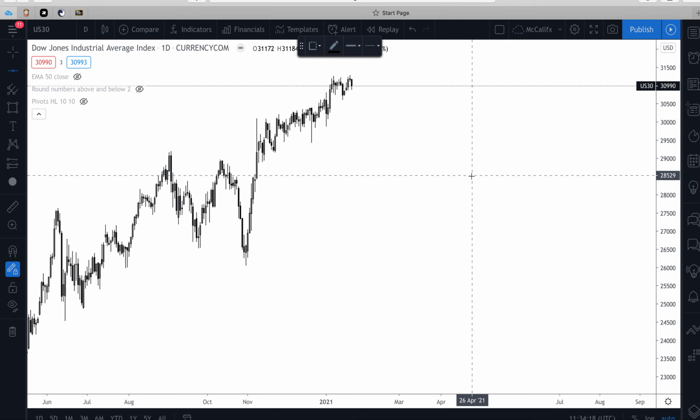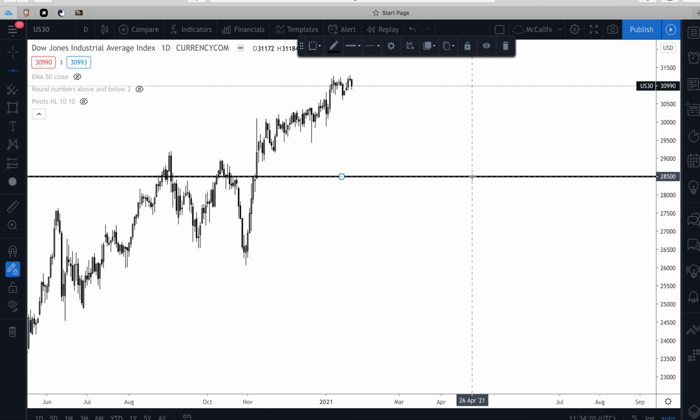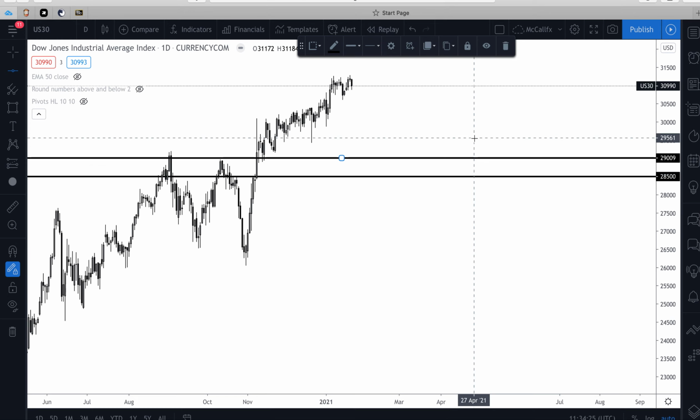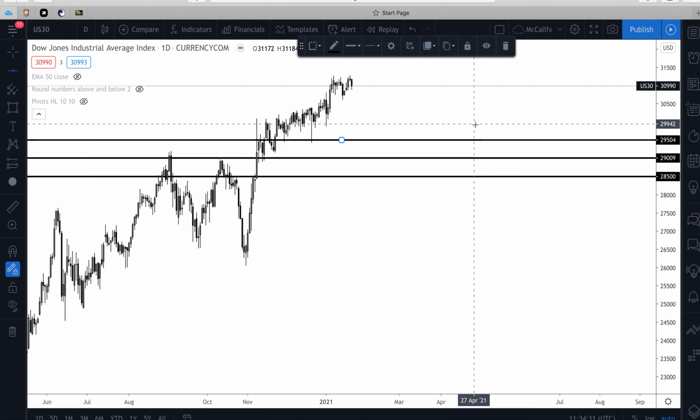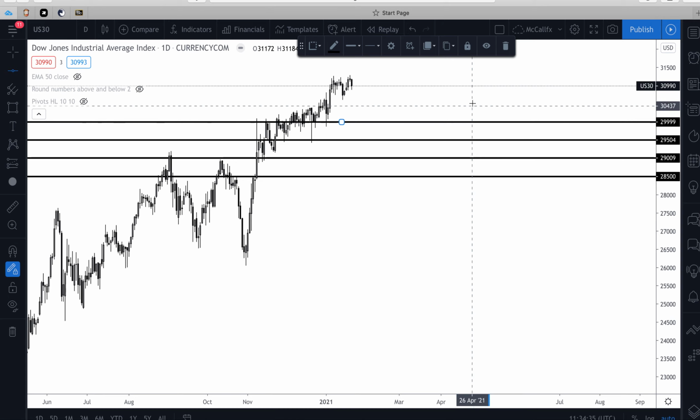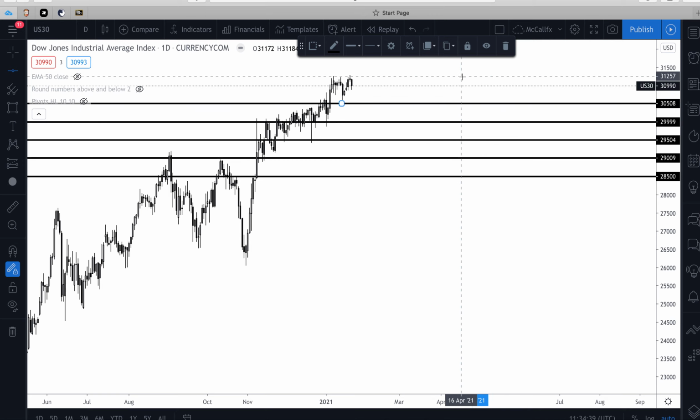My first range is going to be around this point. My second range is going to be around this point. My third range is going to be around this point. My fourth range is going to be around this point. My fifth range is going to be around this point.